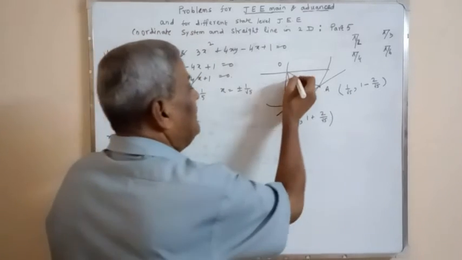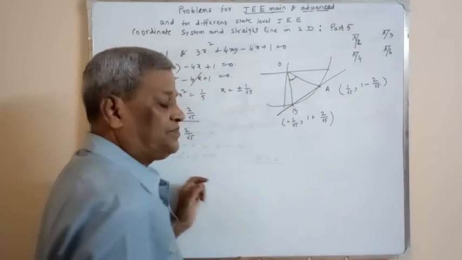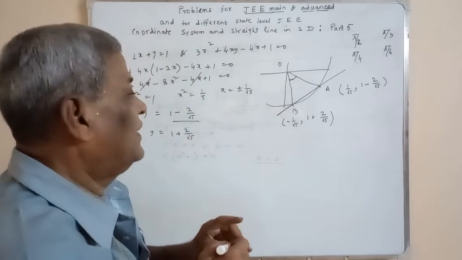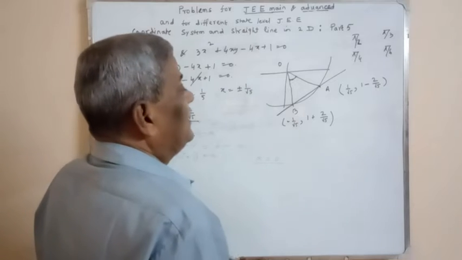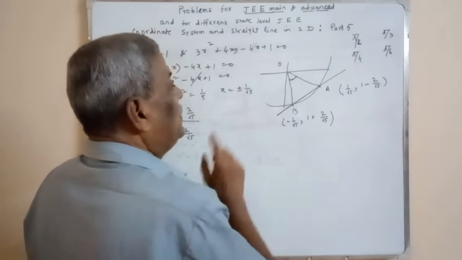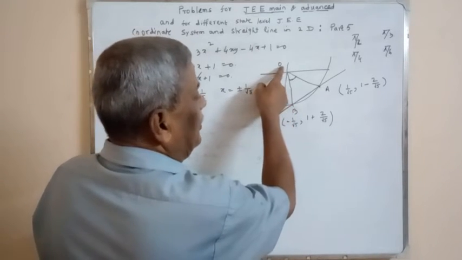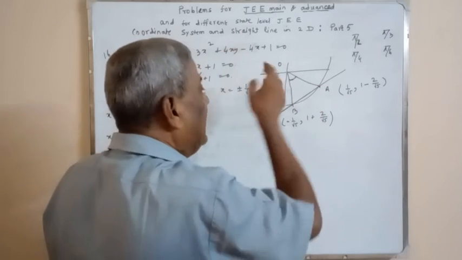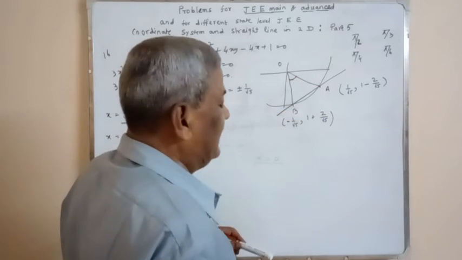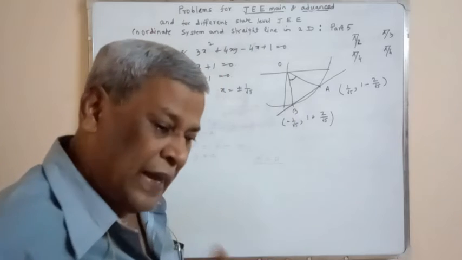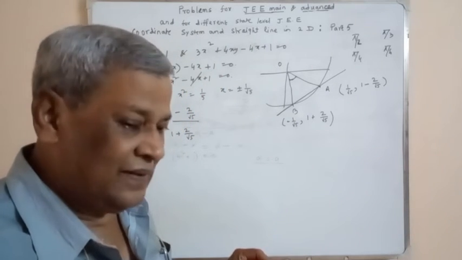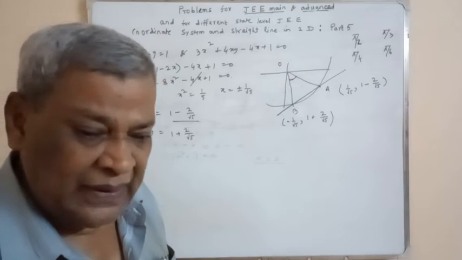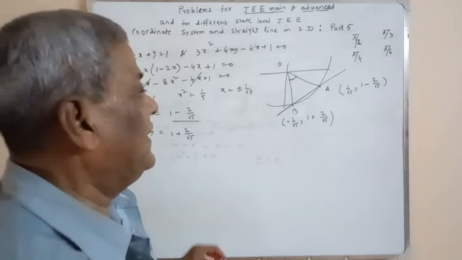We have to find the angle between this and that. From here, we can calculate the gradient of OA, and the gradient of OB also we can obtain. If their product is minus 1, then the angle will be 90 degree.